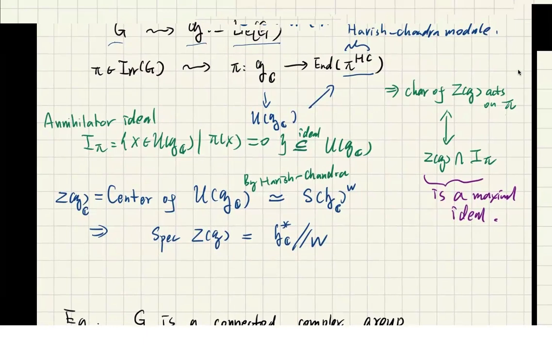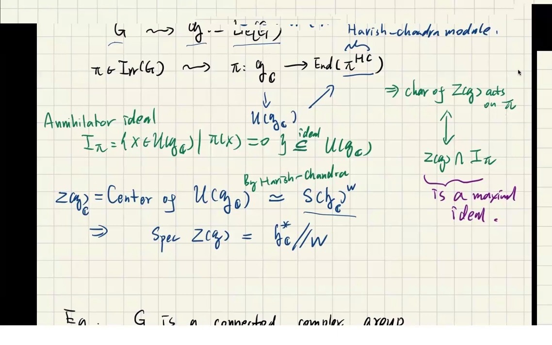Okay, so therefore, by Harish-Chandra, there is something called the Harish-Chandra isomorphism, which will tell you that the center of U(g) is naturally identified with the symmetric algebra of the Cartan subalgebra, taking the W-invariants.